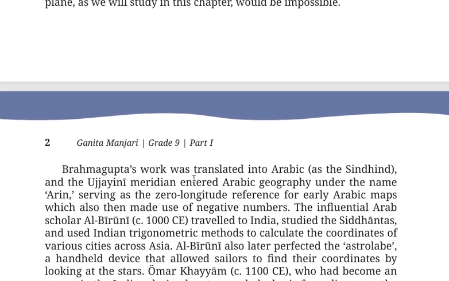Now, Brahmagupta's work was translated into Arabic as the Sindh, and the Ujjaini meridian entered Arabic geography under the name Arin, serving as the zero longitude reference for early Arabic maps, which also then made use of negative numbers.